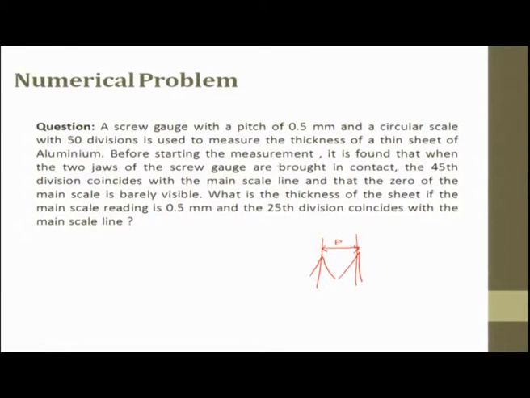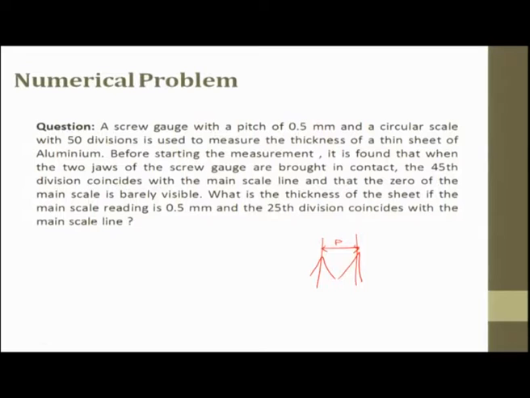Before starting the measurement, it was found that when the two jaws of the screw gauge are brought in contact, the 45th division coincides with the main scale line. There is an error, and the 0 of the main scale division is barely visible. What is the thickness of the sheet if the main scale reading is 0.5 millimeter and the 25th division coincides with the main scale line?